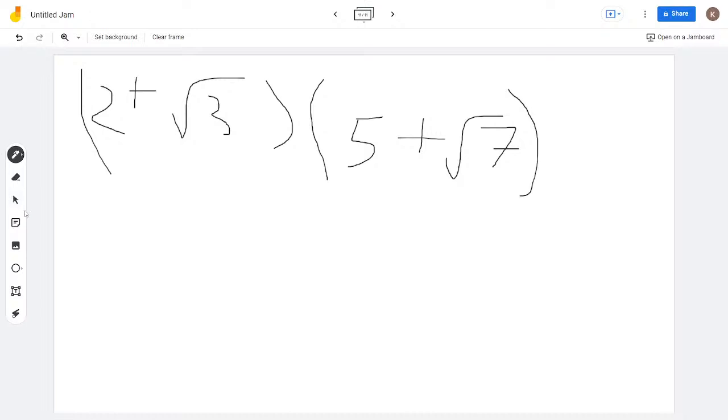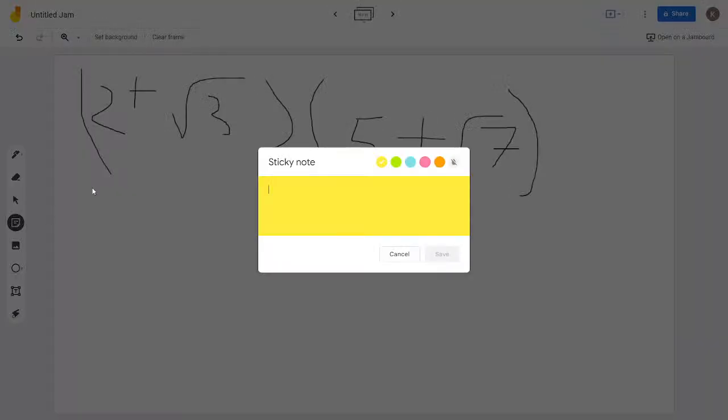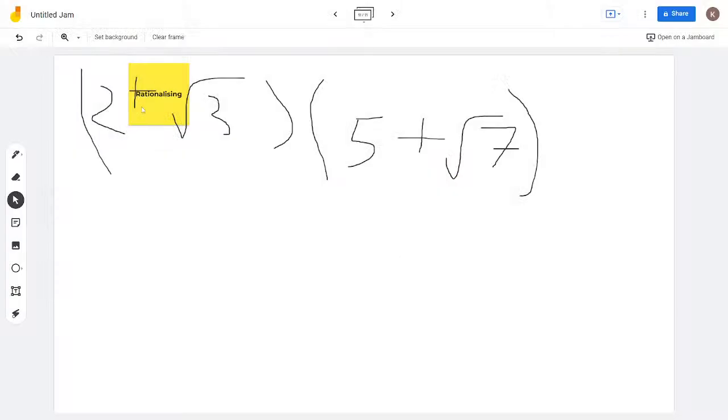The second topic which we are going to learn in this session is rationalizing. Right? So in order to write the answer in the simplified form, what we will be doing is rationalizing. And how can you rationalize?